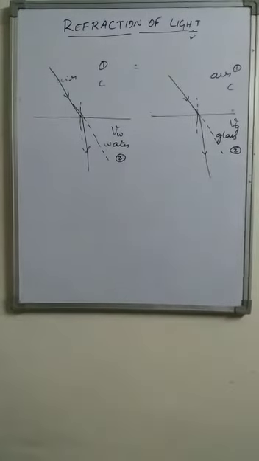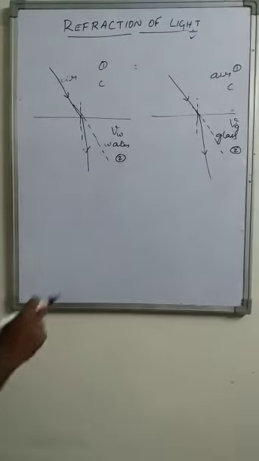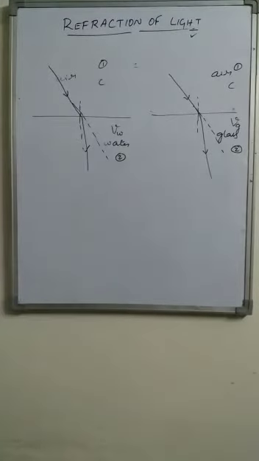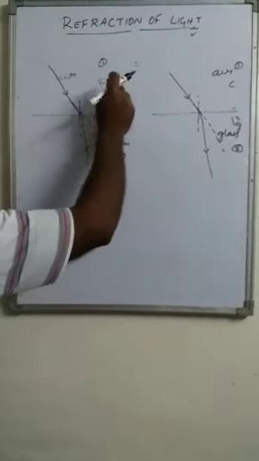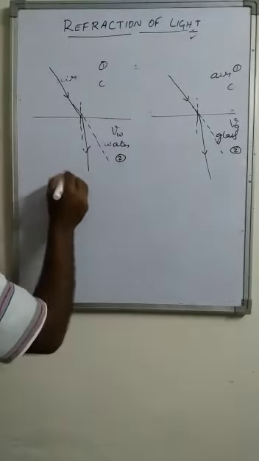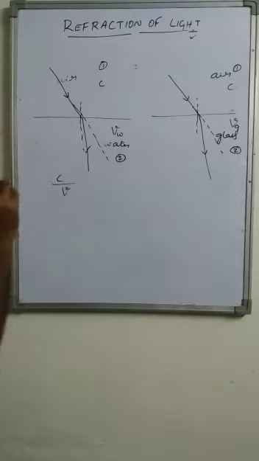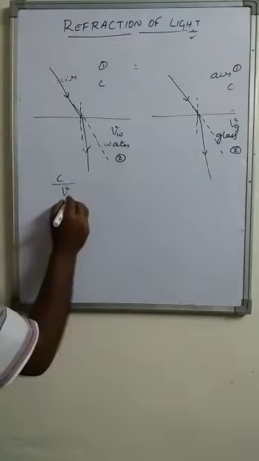Now we see, here if we take the ratio, then it is the ratio of velocity of light in vacuum to the velocity of light in water.